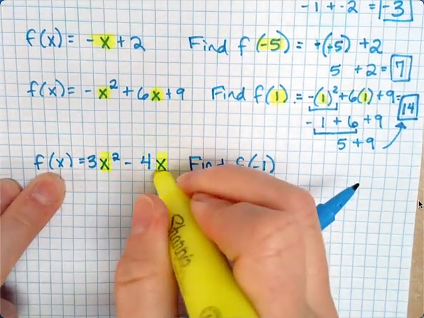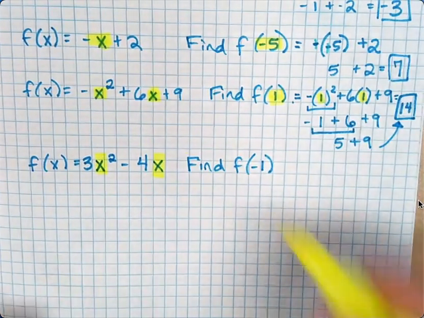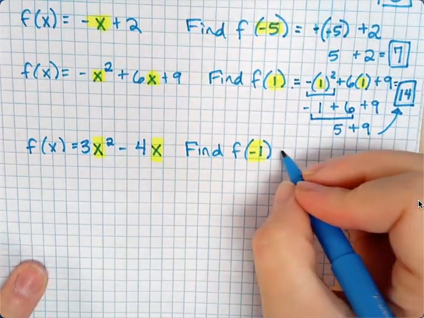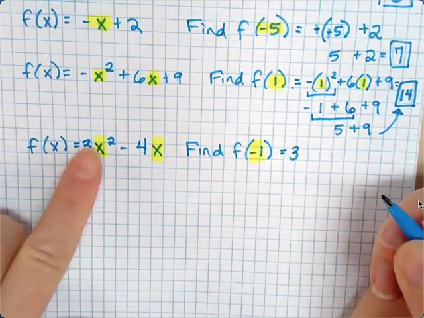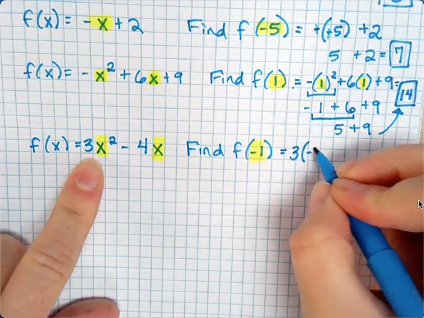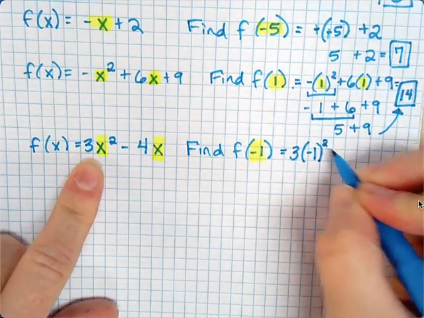So everywhere I see an x, I'm going to plug in negative 1. 3. Remember, keep your x in parentheses when you input it. Input is in parentheses.